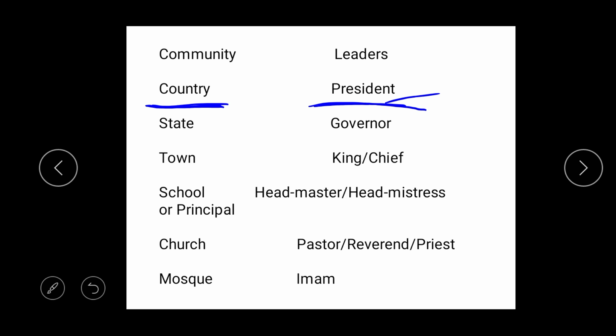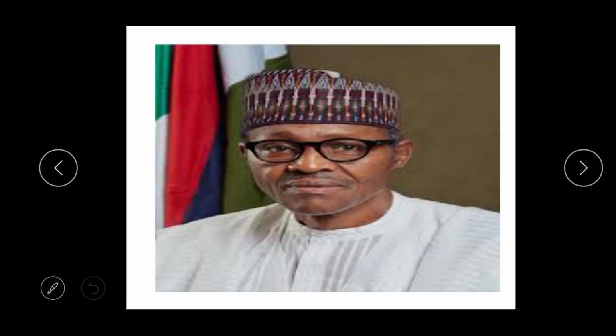Country, we have president. Now let's move to the second one. We have states. Lagos is an example of a state, and the leader of a state is called the governor. The governor leads or heads a state, and the governor of Lagos State is Babajide Sanwo-Olu.